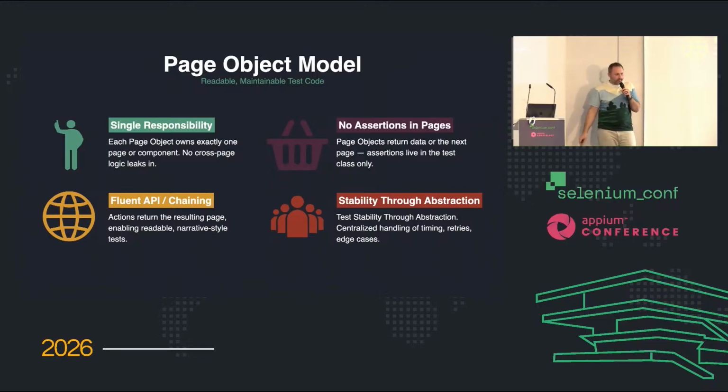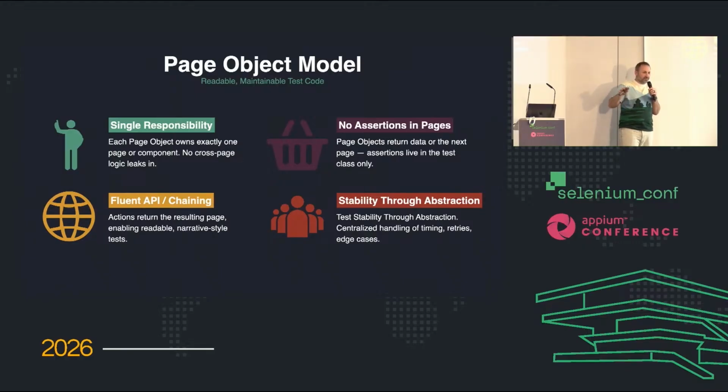Single responsibility. Each page object owns exactly one page or component. We should feel free to have the components also. Like every modal box can be a separate component as a page object. No assertions in the pages, please.